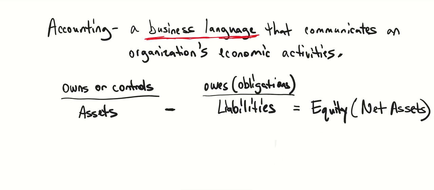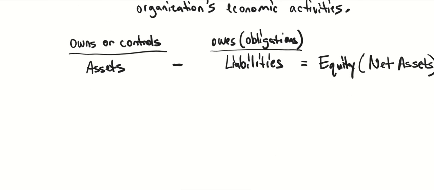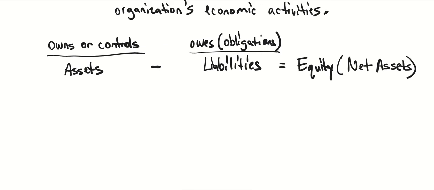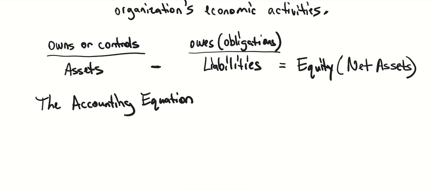However, the equation that I want to go over, which is pretty much the same as the equation that you see here on the screen, is the accounting equation. Okay, it's not different than what you see here above, but it is displayed differently in your textbook.